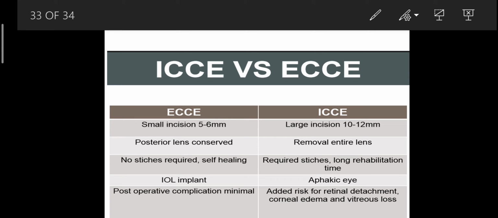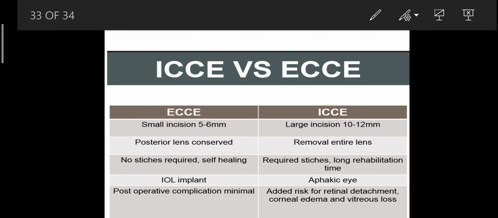And in ICCE, we require stitches, and because of that we have a long rehabilitation time. In ECCE, we can place the IOL into the bag, whereas in ICCE we can't place the IOL into the bag. We have to put an anterior chamber lens or other different types of lenses, or we have to give aphakic glasses, like they used to do previously.